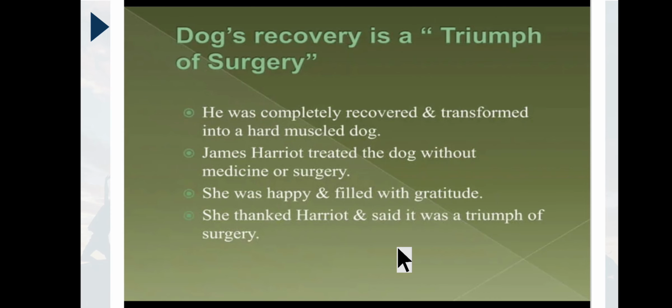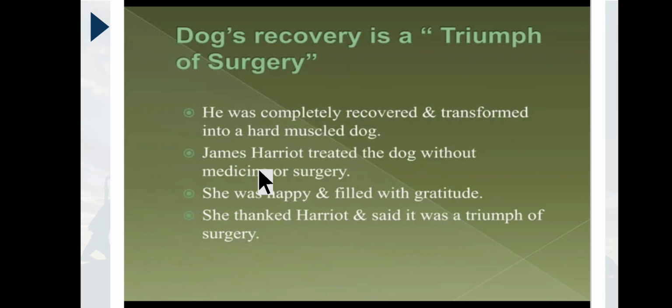Now we will justify why this title is given like that. The dog's recovery is a triumph of surgery. Triumph means success done by the vet doctor here. He was completely recovered and transformed into a hard-muscled dog. Earlier it was very fat and very lazy, now a bit active and muscled.